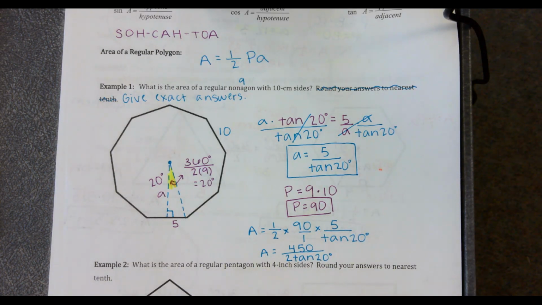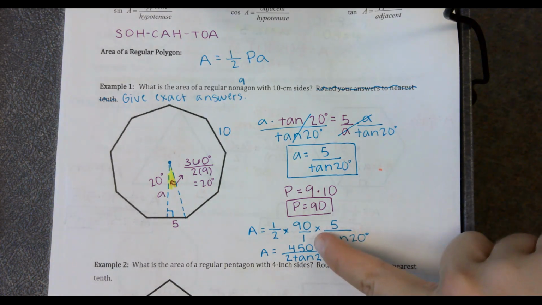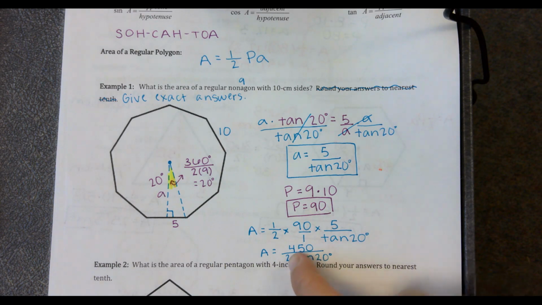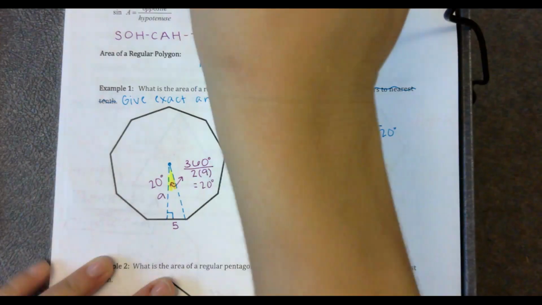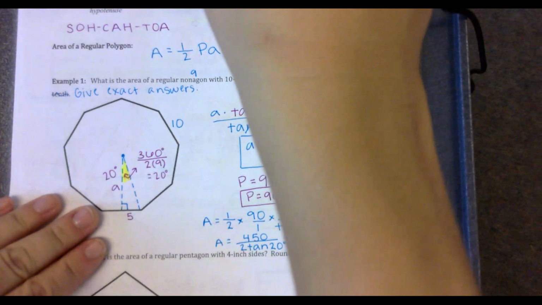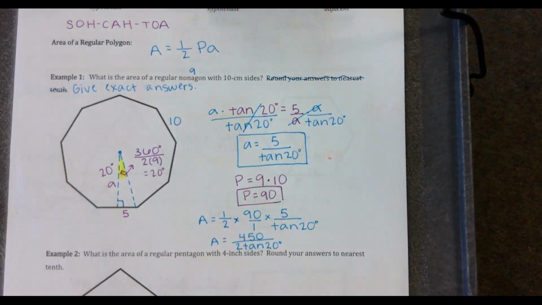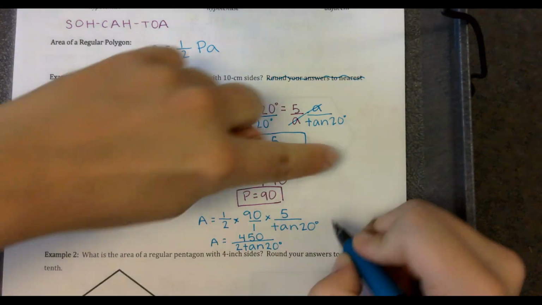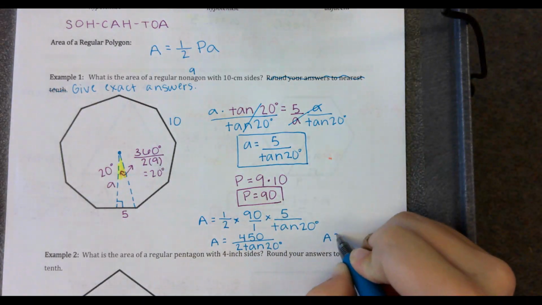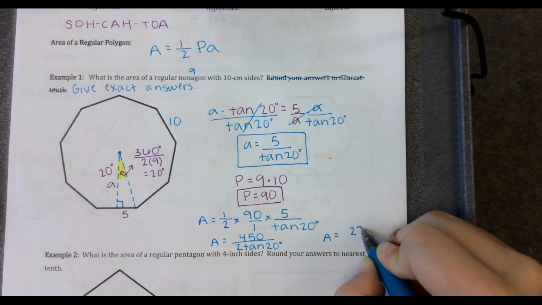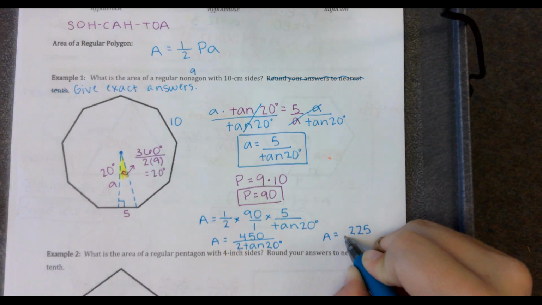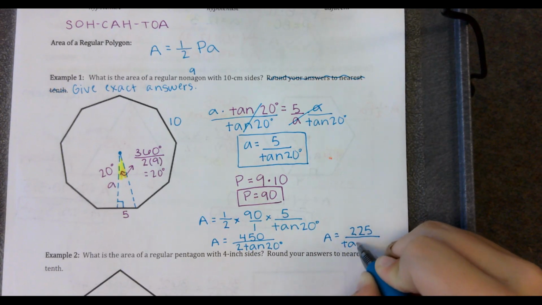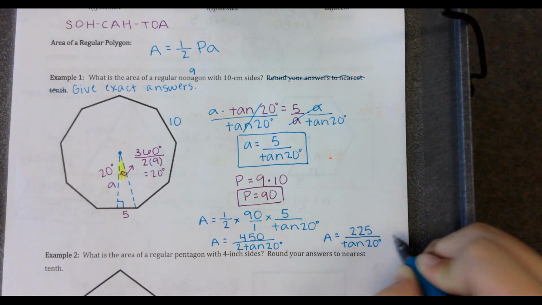And now I'm going to simplify just one more thing. I have 450 divided by 2, which is what? 225? So my answer here is going to be area equals 225 divided by the tangent of 20 degrees.